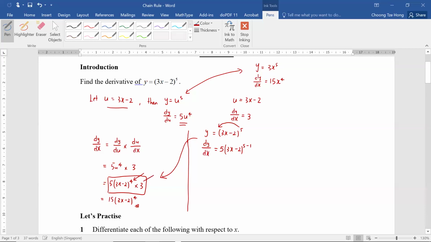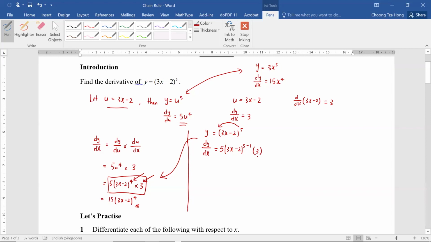And then where did this extra 3 come from? This extra 3 came from differentiating 3x minus 2, right? So basically, the extra step that you need to do for chain rule is to differentiate inside the bracket, and then multiply. You differentiate 3x minus 2, you get 3, and then you just multiply behind.